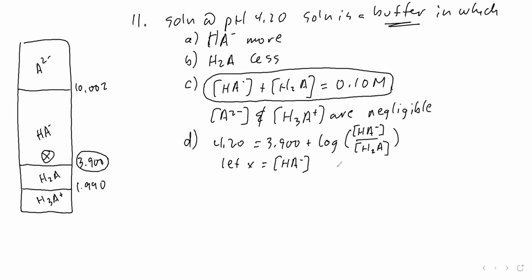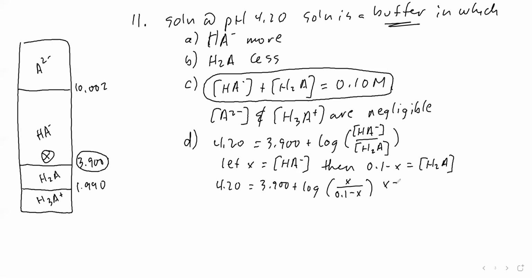And if that's the case, then 0.1 minus X is going to end up being H2A. And now we've got just one variable and we can plug things into the pH equation. So 4.2 is 3.9 plus the log of conjugate base on top, that's X, 0.1 minus X on the bottom. Solve for X and we get 0.0666.